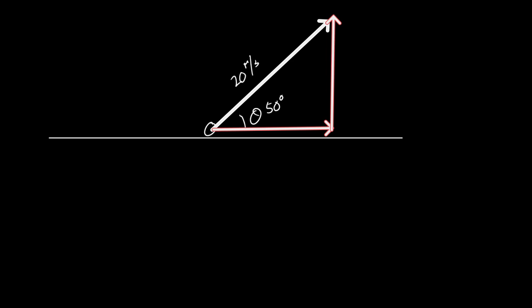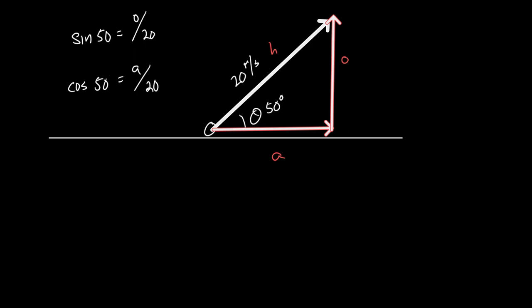I'm going to create a triangle. This is a triangle I'm creating because I already have the angle. I'm going to label the opposite, adjacent, and hypotenuse. I'm going to write out the appropriate trig functions. Sine of 50 degrees equals opposite over hypotenuse, and cosine of 50 degrees equals adjacent over hypotenuse.